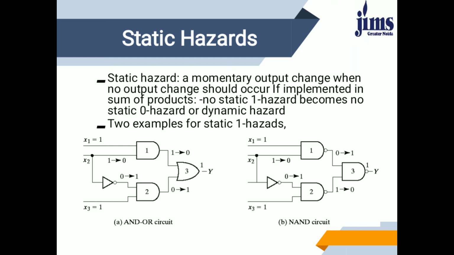So at the input of gate 1, we are having 0, which is a new input, but at the input of gate 2, we do not yet have 1 in place of 0, just because of a delay generated by the NOT gate.